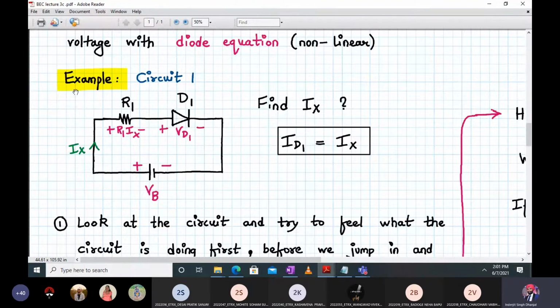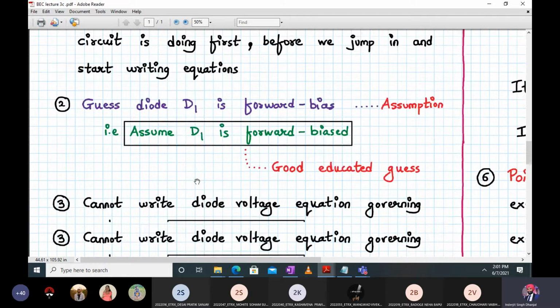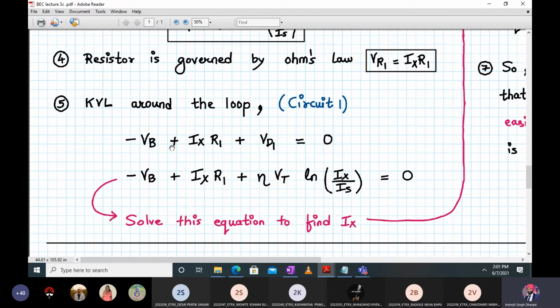If we apply KVL in this loop, what will you get? Minus VB plus Ix times R1 plus VD1 is equal to 0. Everyone agree?